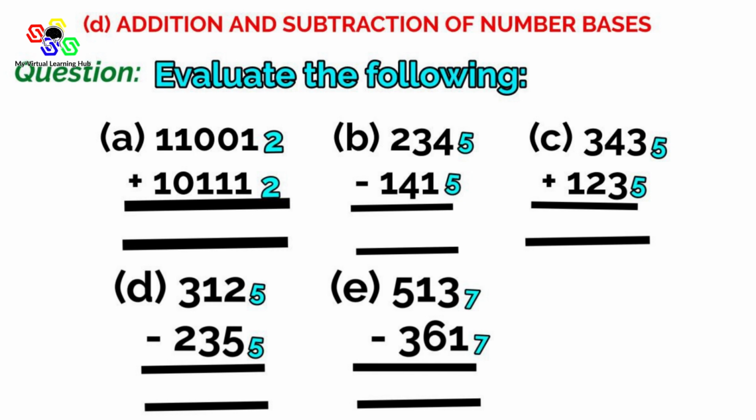C. 343 base 5 plus 123 base 5. D. 312 base 5 minus 232 base 5. E. 513 base 7 minus 361 base 7. And so come with me as I take you through the workings.